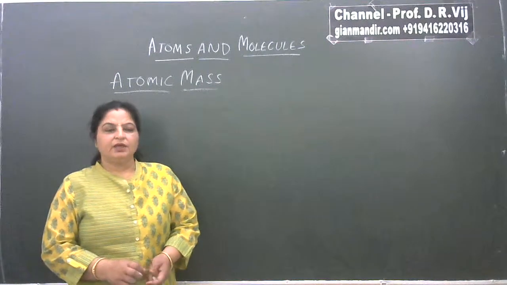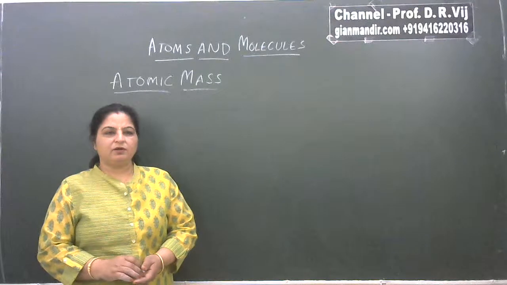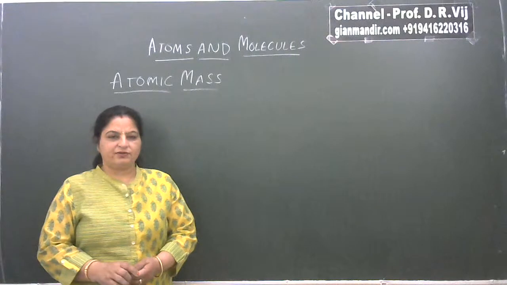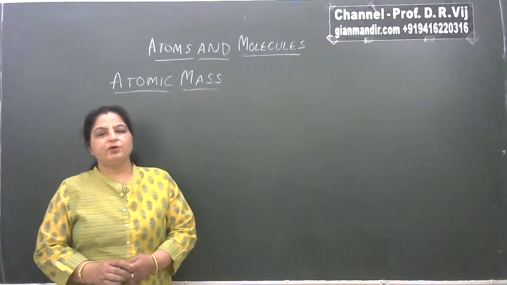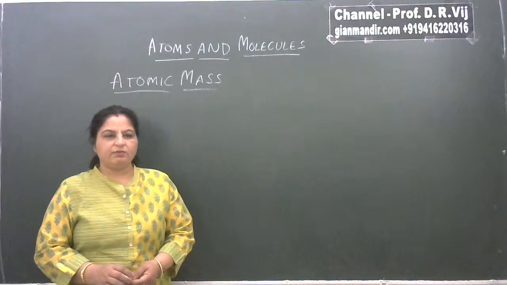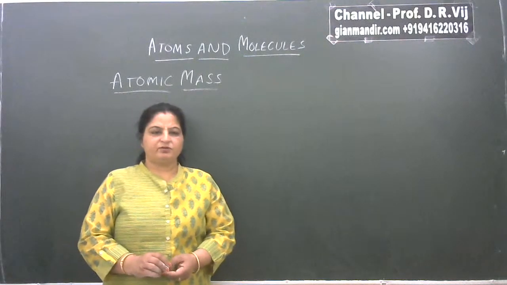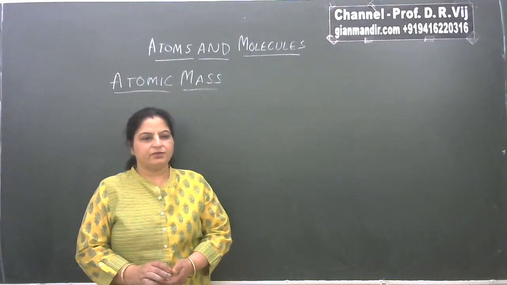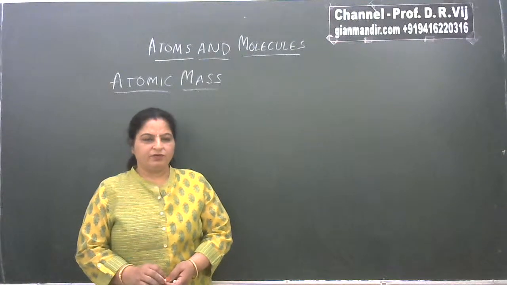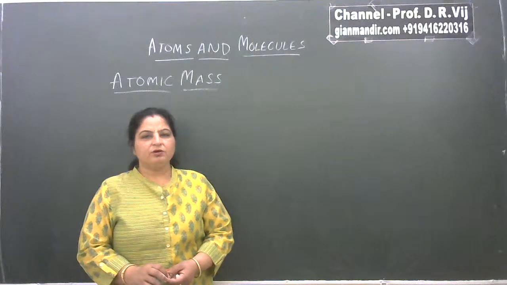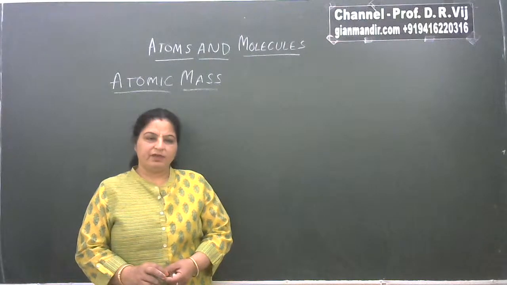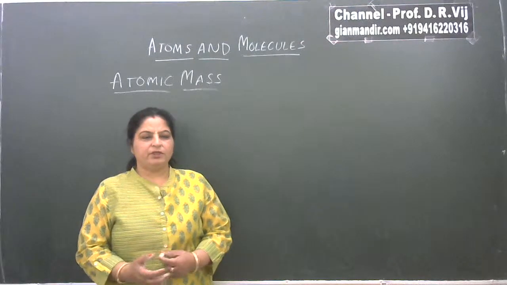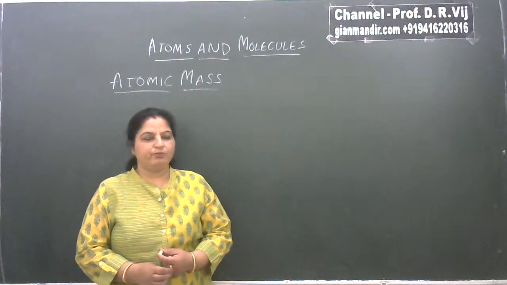Hello dear students. In our earlier lectures, we have discussed Dalton's atomic theory and we have also seen the usefulness, or you can say the importance or significance, of Dalton's atomic theory, because it has provided us some very useful and valuable information about atoms. One of the biggest achievements of Dalton's atomic theory was that it could very well explain the laws of chemical combination that were given by Proust and Lavoisier on the basis of the experiments that they performed.